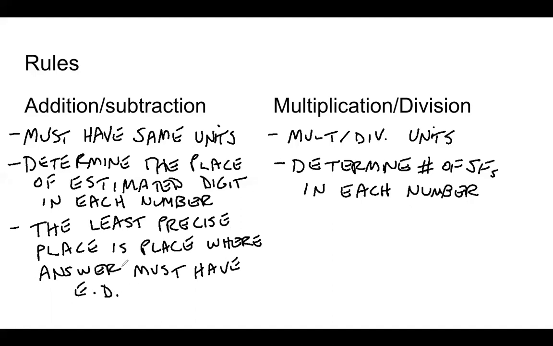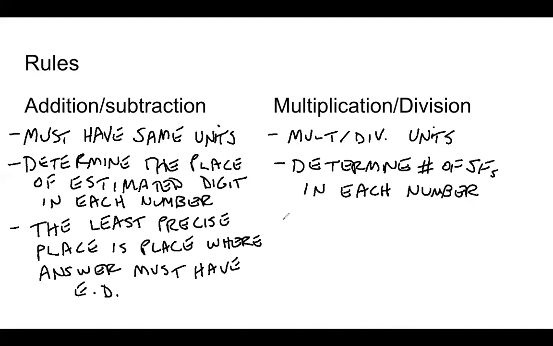So if we have something that has 1 decimal place and 2 decimal places, the 1 decimal place is the least precise place, so our answer can only go to 1 decimal place. And again, we'll do examples to show that.